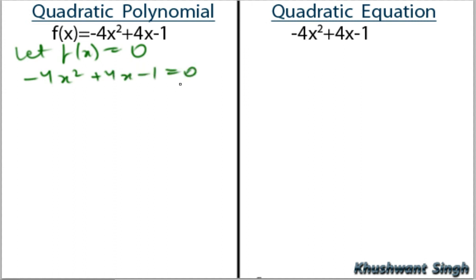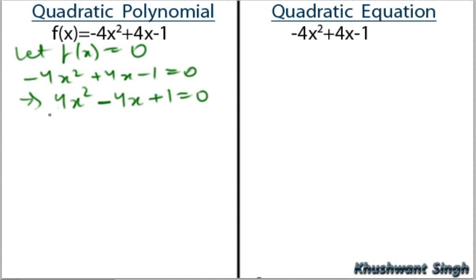Let's just try to split. Though it will be better if you just multiply the whole of this equation by minus 1. So if you multiply the whole equation by minus 1, you'll get 4x square minus 4x plus 1 equal to 0. All these signs have changed. Minus becomes plus, plus becomes minus, and minus becomes plus.